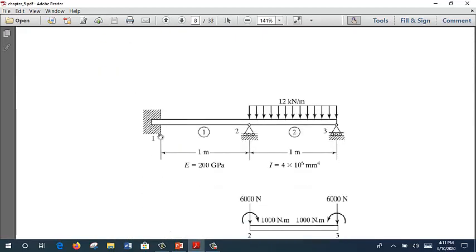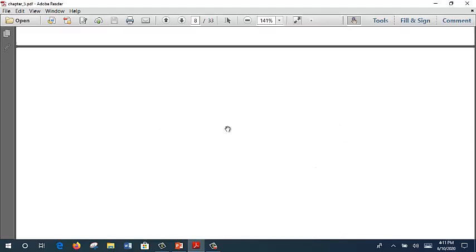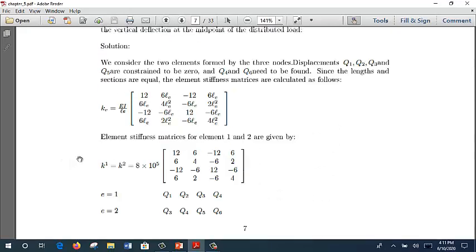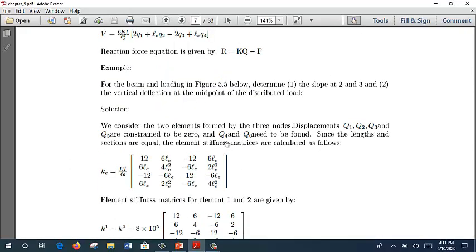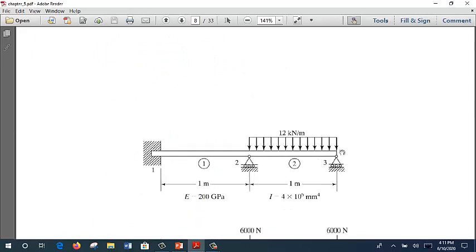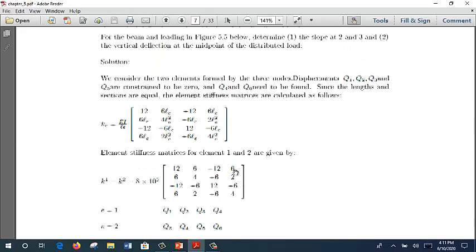So it's correct. Q1, Q2, Q3 and Q5 are fixed. It means they are 0, correct? And Q4 and Q6 need to be found.